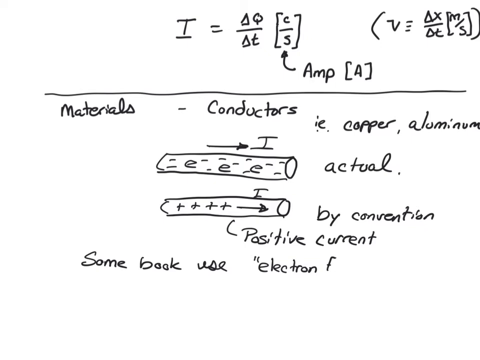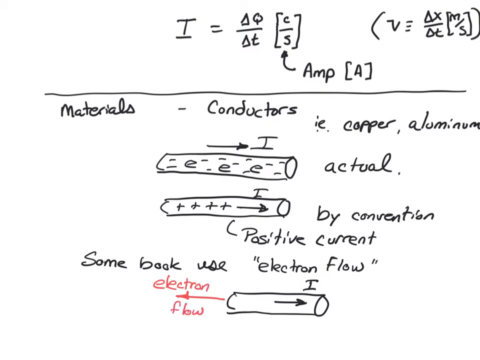So it's not impossible to see that some electricians follow the convention of electron flow and some don't. But in this case, if you have a wire, the current being given conventionally as positive in that direction is really made up of electron flow going backwards.